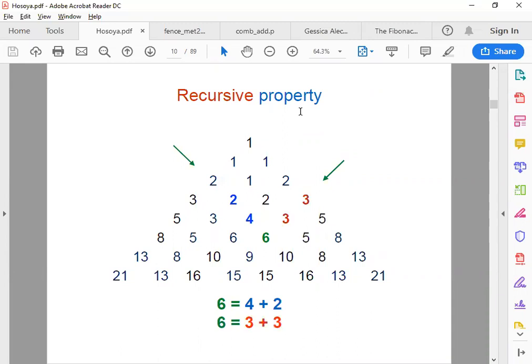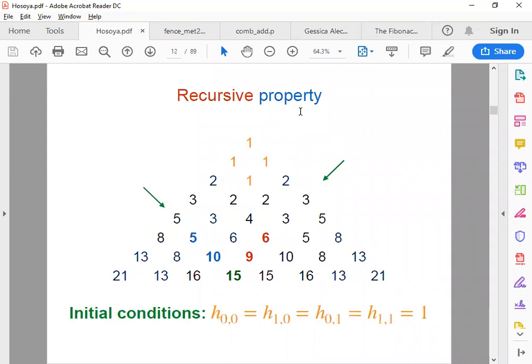But surprisingly, it's also equal to the sum of the numbers on the right. So if you've got 2 numbers in both directions, then that number will be both the left sum and the right sum. So that's kind of cool, right? 15 is both 10 plus 5 and it's 9 plus 6, right?